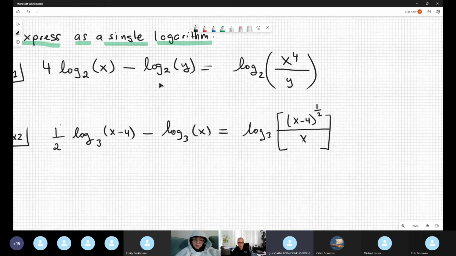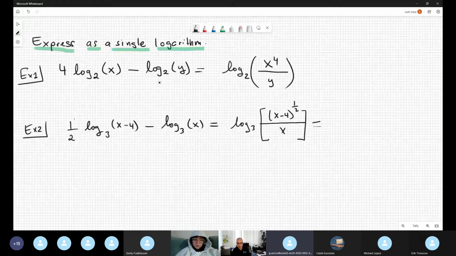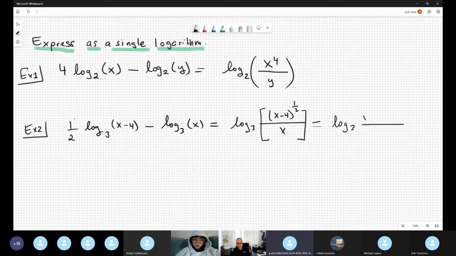Alex, to confuse the student, since they don't remember very well the conversion between fraction exponent and radical, writes it like that: square root of x minus 4 over x inside the argument. It's equivalent, exponent 1/2 and radical notation. So let's do it now backward.